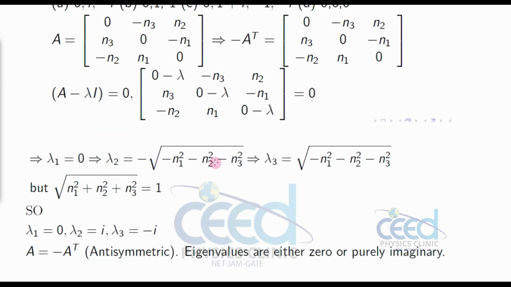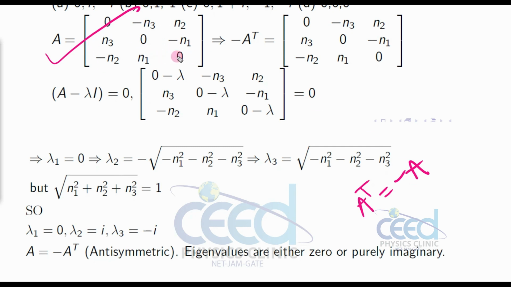When we have discussed so many properties, I have already discussed that if a matrix is skew symmetric, that means A transpose is equal to minus A. If you look at the given matrix and analyze, A transpose is equal to minus A, so you can say this is skew symmetric.